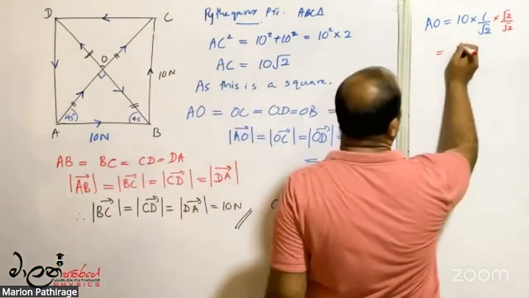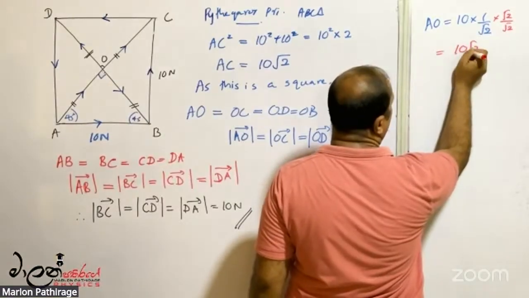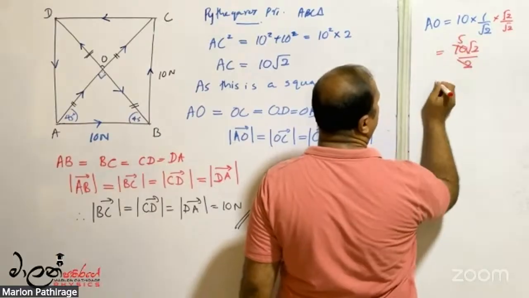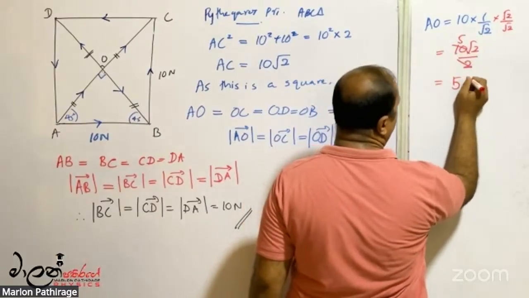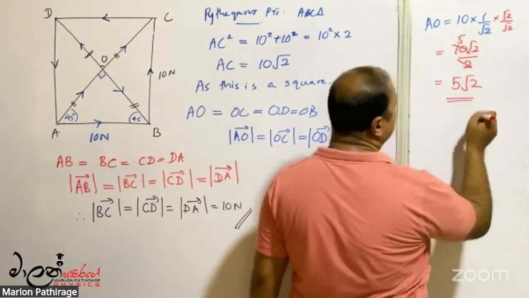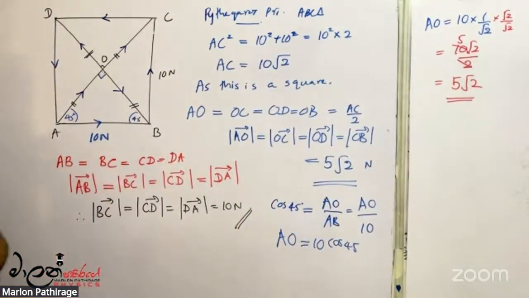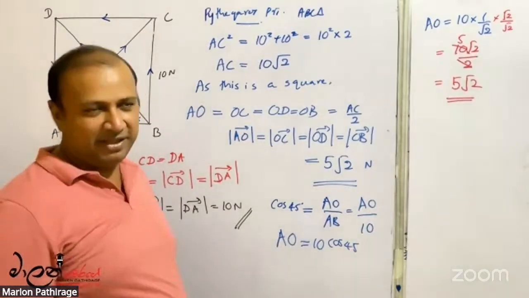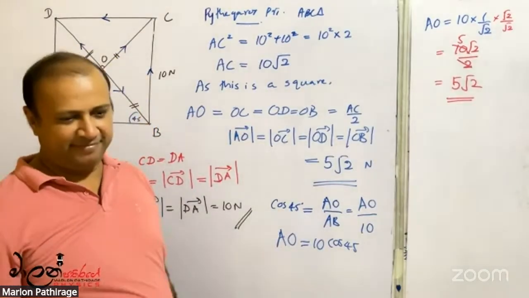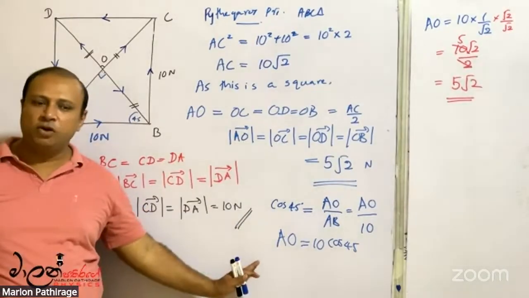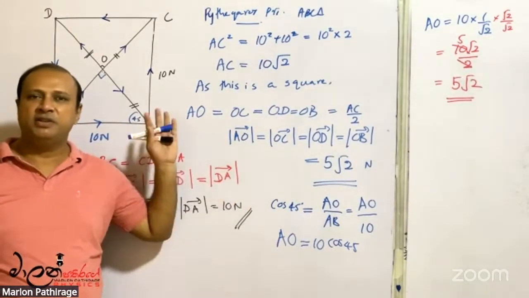Therefore, ours is 10 root 2 over 2. Again, 5 root 2. That is the second method. Did you get my calculation? If you get my calculation, please raise the hand.